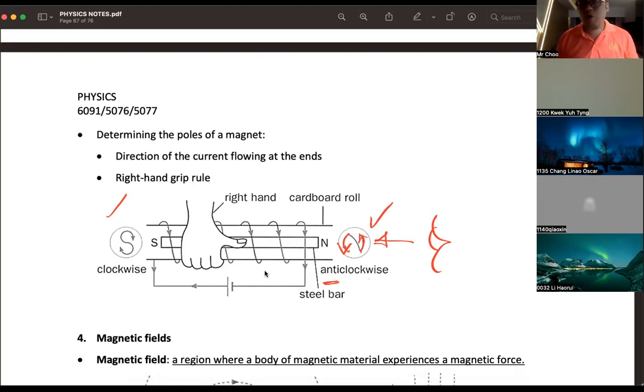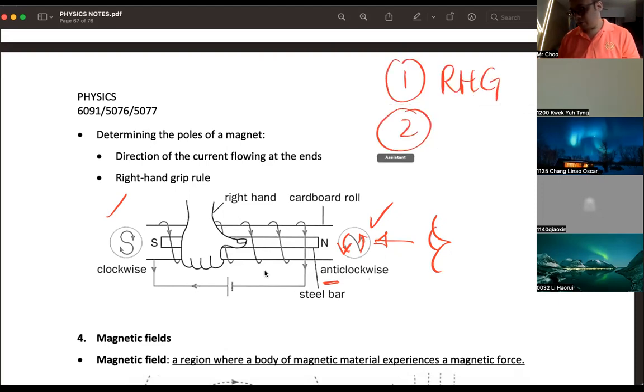So can I ask the poll, which method do you prefer? Tell me number one, the right hand grip rule, or number two, the look like north and south one. Write that down. Let me get a feel of what you all prefer. I myself prefer the right hand grip rule. Looking at the north and south, very hard for me to see and remember.